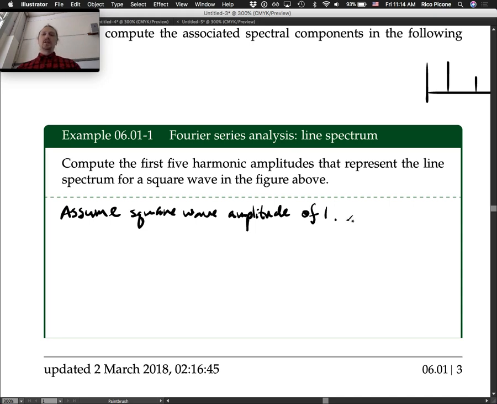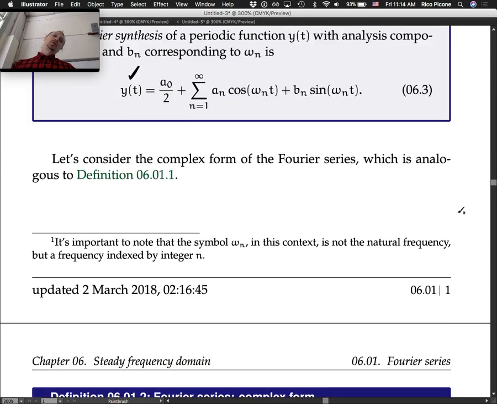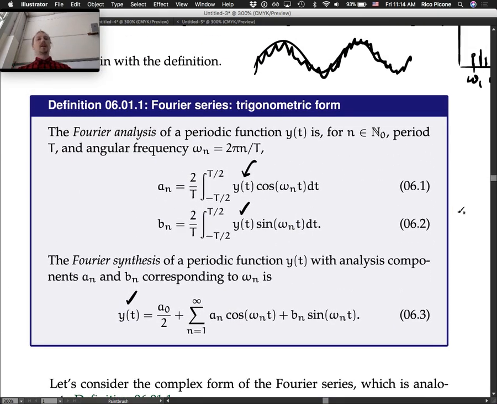So let's compute AN. So AN, if we go back up here and look in our definition of the trigonometric form of the Fourier series, we used AN, right? And it has this formula, 6.1. So we can just plug in to this, right?